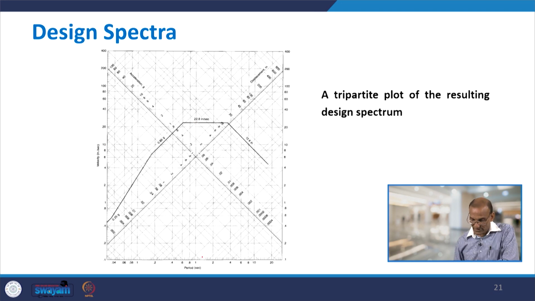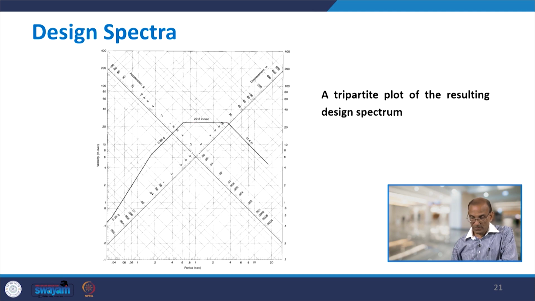So, this line will give you the velocity. Here we see for a particular spectra, the velocity remains constant between this period and this period 22.8 seconds. So, in this case on one side you have the velocity for the same period.